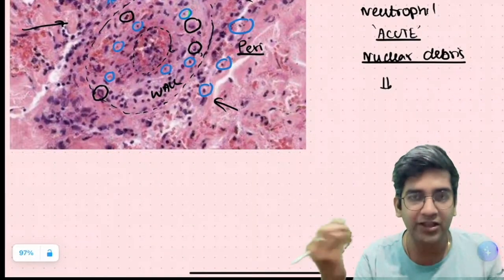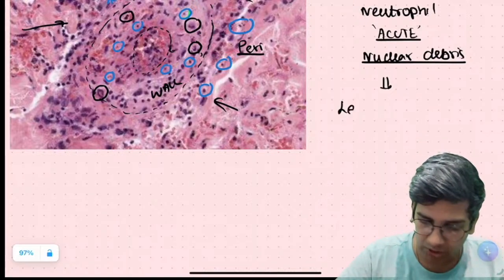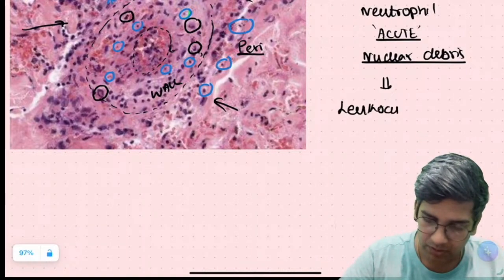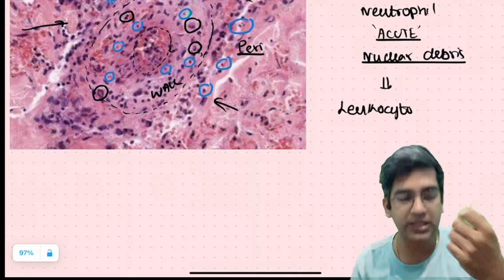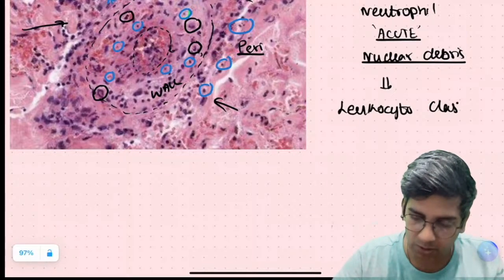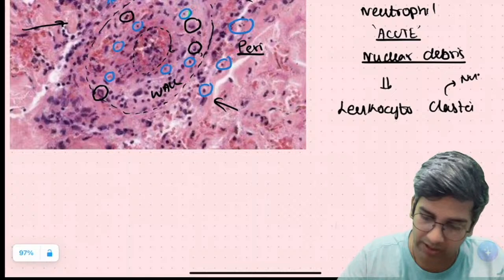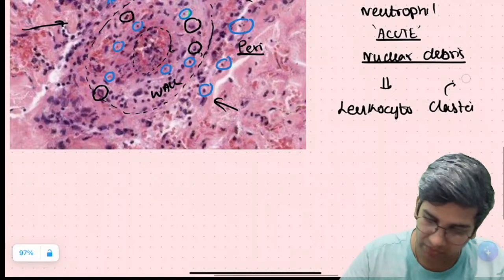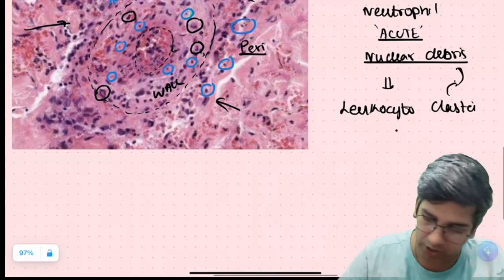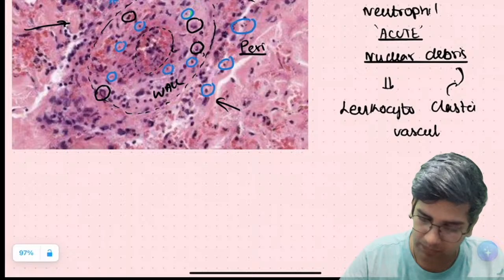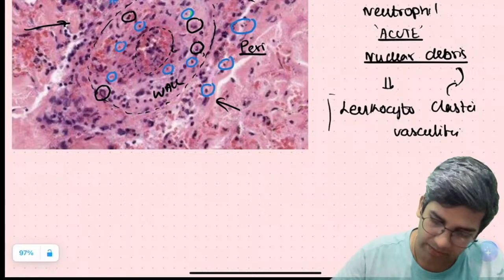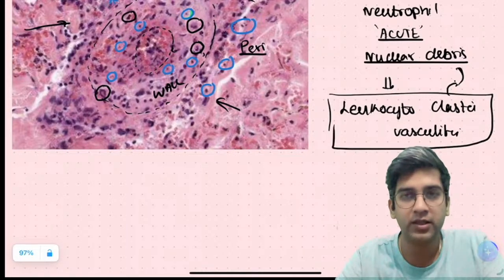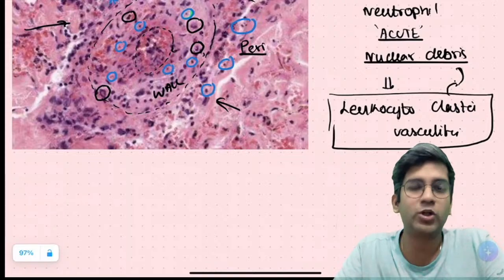So can I call this vasculitis leukocytoclastic, where leuko is WBC and clastic is broken, that's my nuclear debris? Clastic is for the nuclear debris, whatever we saw, whatever we agreed upon, and can I call it vasculitis? Is my diagnosis sorted? It's nothing but a leukocytoclastic vasculitis.